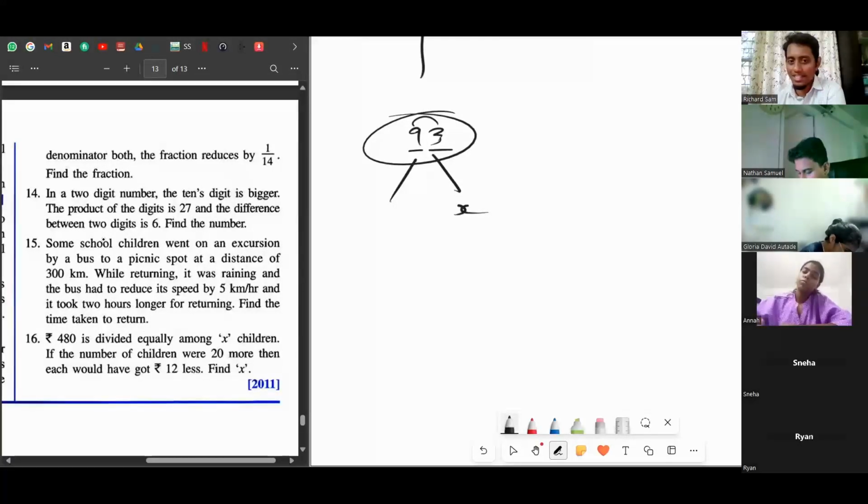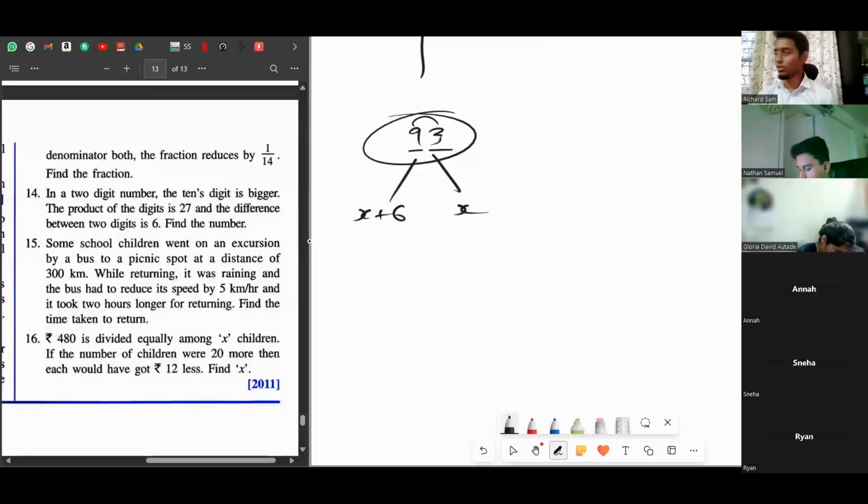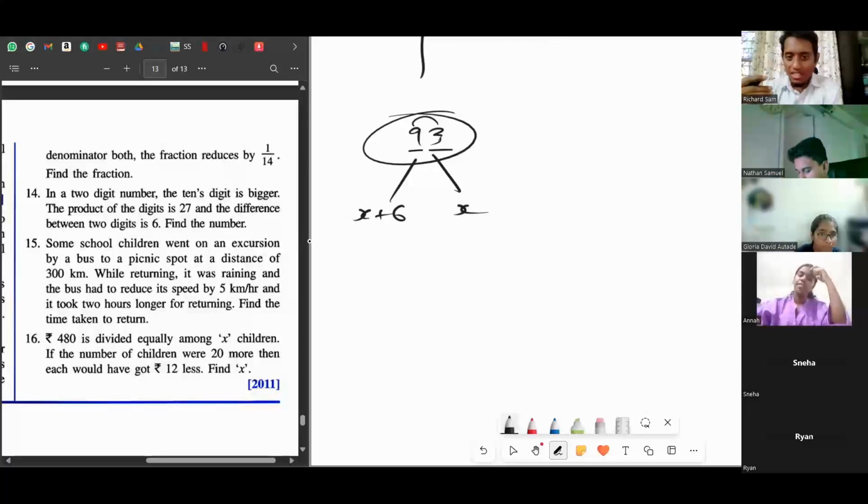And this tens place we will represent as what? x plus 6. Why? The topic is quadratic equations using one variable, so use only one variable. The second statement tells us the difference between the two digits is 6. That means if one is x, the other has to be x plus 6, 6 more than x. Is this clear, everyone?